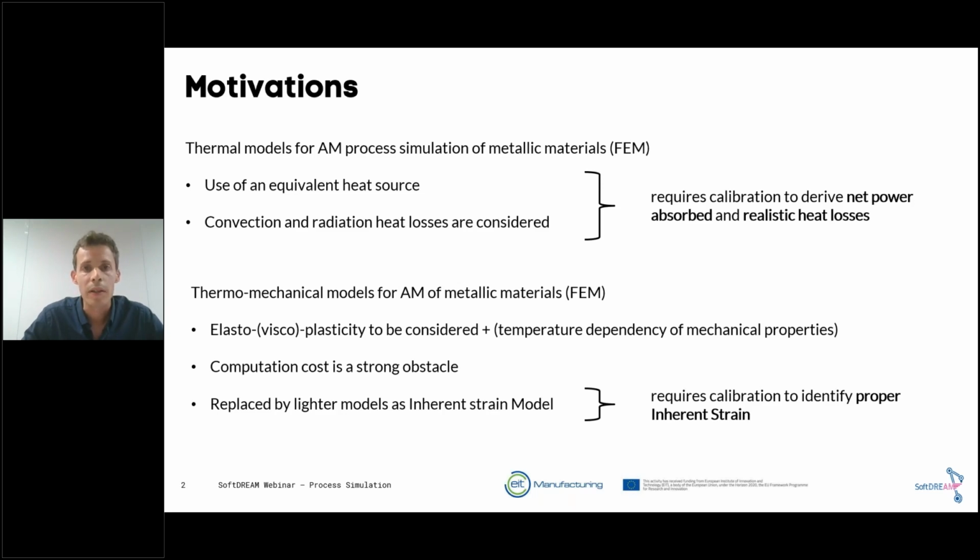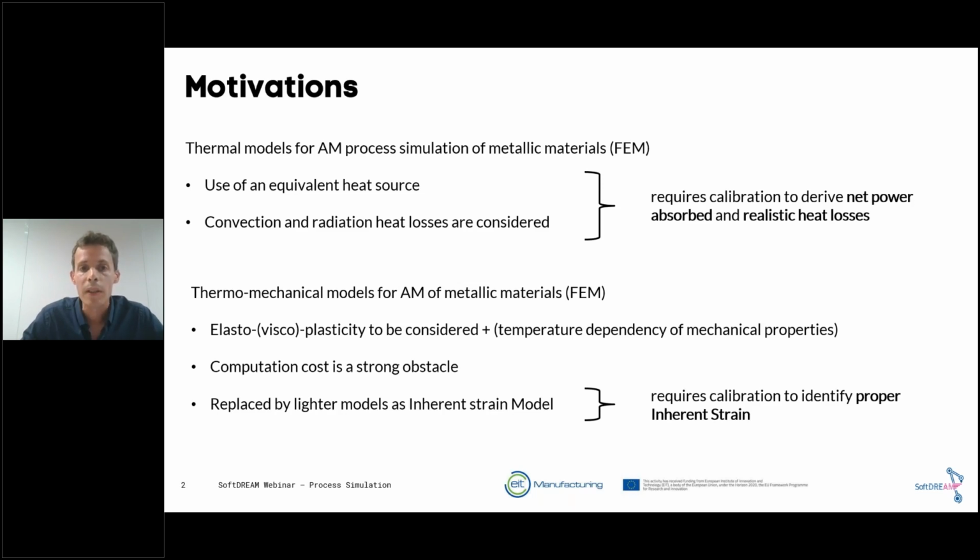The simplification concerns both the heat input, because we most of the time use an equivalent heat source, and also the heat losses, because we take into account convection and radiation, but especially for radiation, it's quite complicated to define the proper emissivity without any experimental data, because this is a coefficient that varies, for instance, with the oxidation or the roughness of the surface.